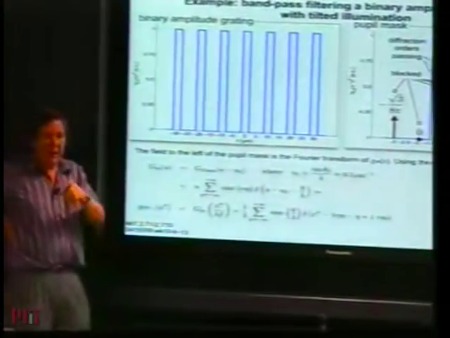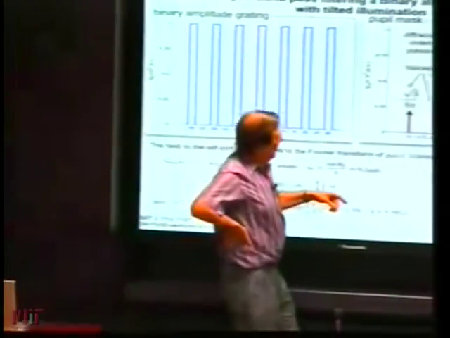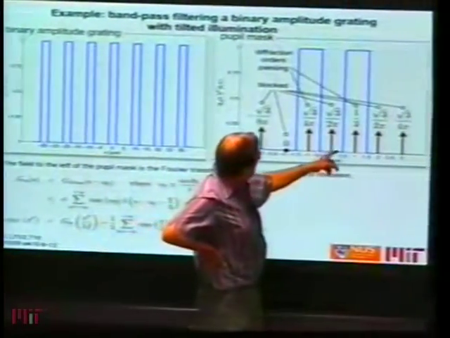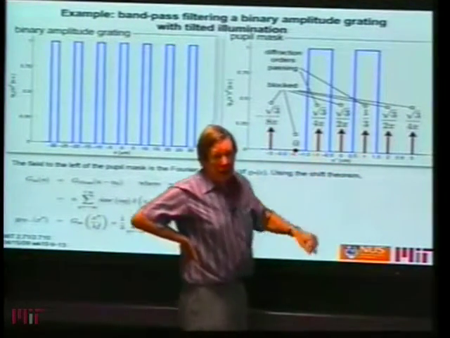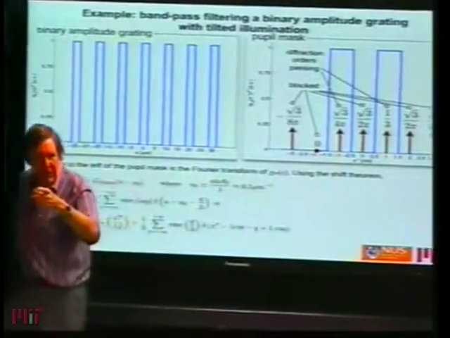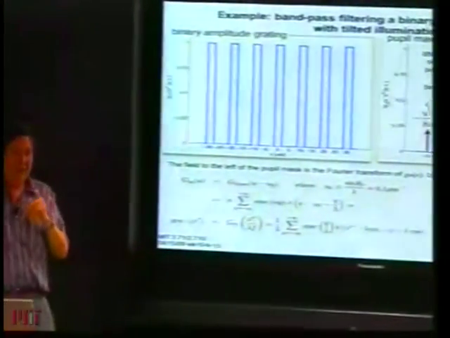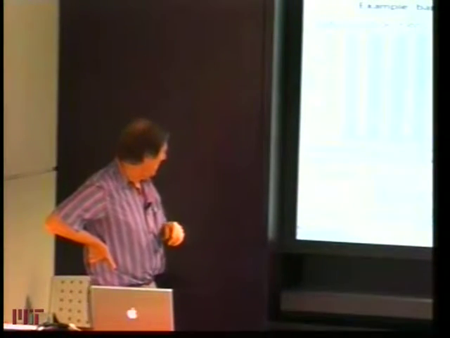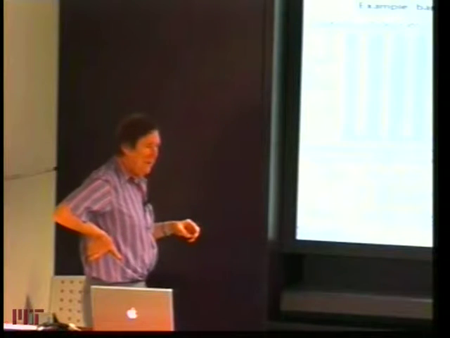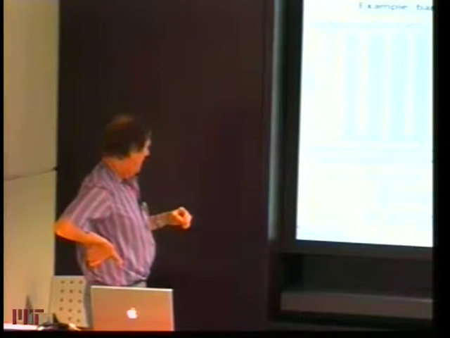So we're now letting through the zero order and the minus 2 order. So it's a bit like the one in the question, but now it's the minus 2 order, not the minus 1 order. So this is going to be another example where it doesn't give a very good image, I think, from that result.